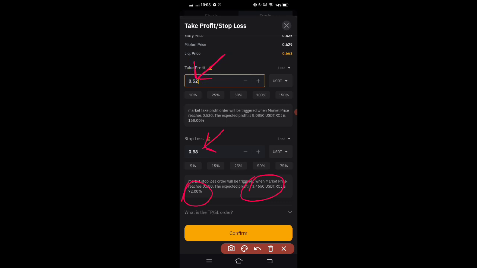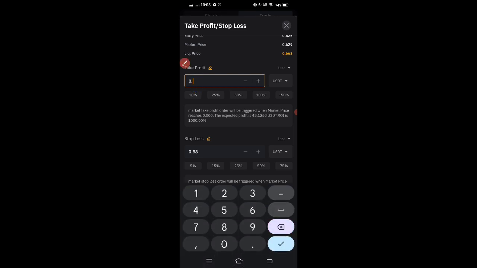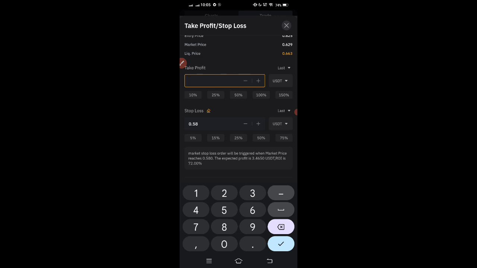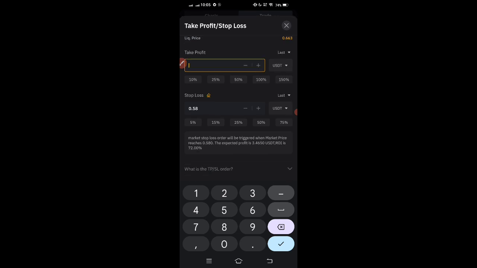So if I leave it open, the next thing is maybe the market goes to 0.50. I will leave this place open, as I mentioned earlier. That is my take profit. Now I will apply stop loss.